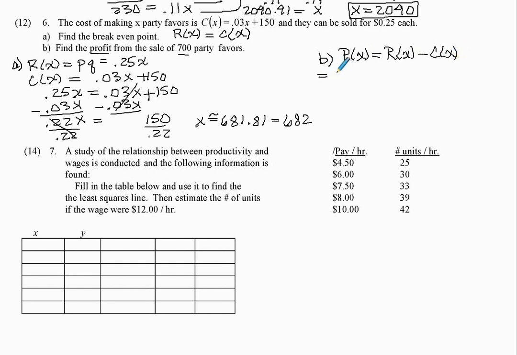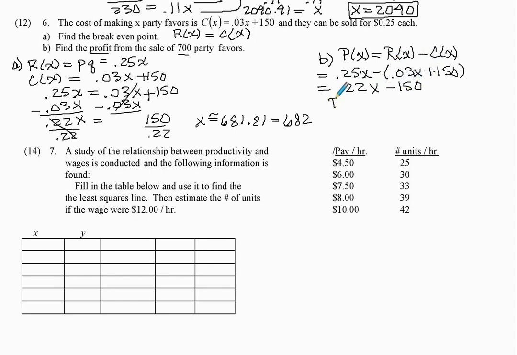So our revenue was the 0.25x minus our cost, that was the 0.03x plus 150. If you distribute the minus sign, this will be minus 0.03x and minus 150. So that's going to give us 0.22x minus 150.